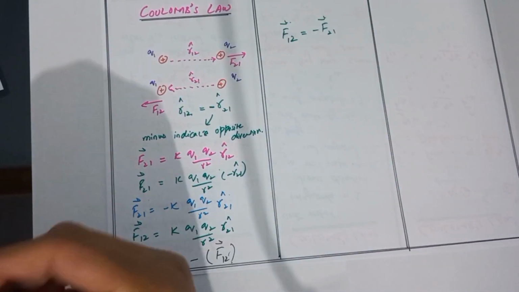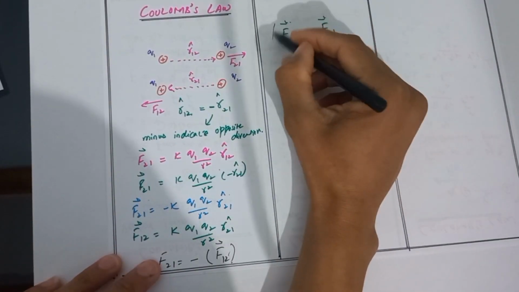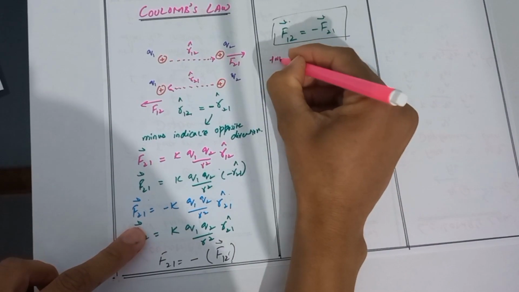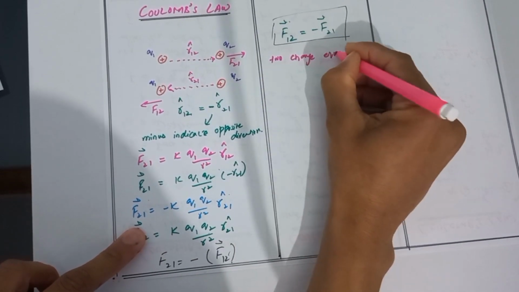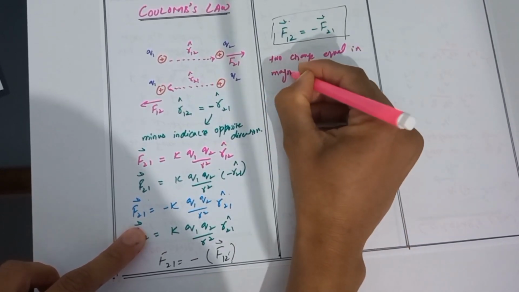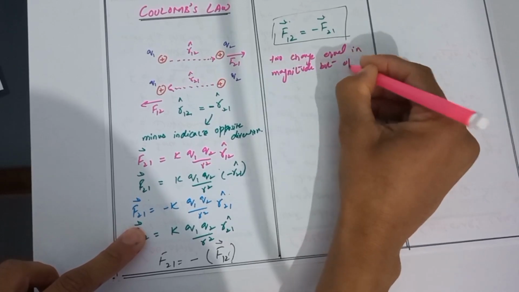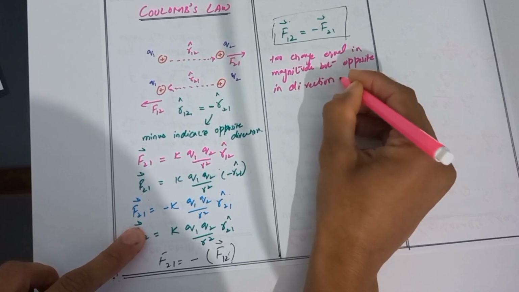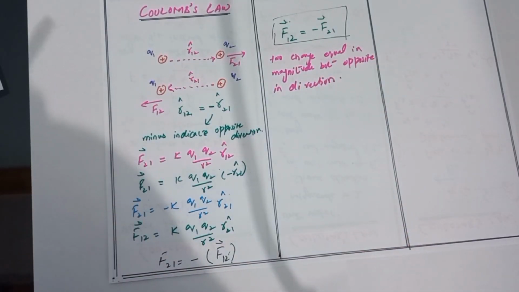It means that the two forces are equal in magnitude but opposite in direction. So we have discussed Coulomb's law in vector form.